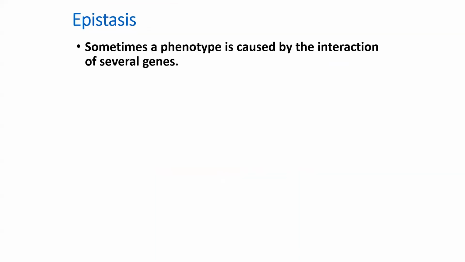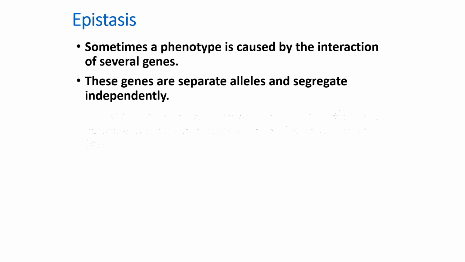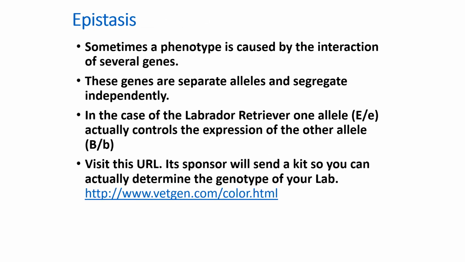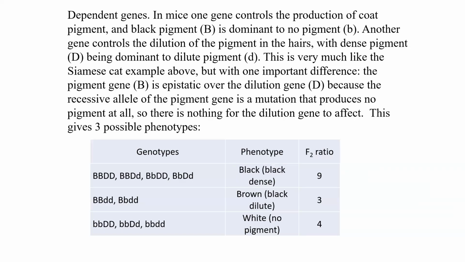So we have epistasis, right? And we look at 3 types. We have dependent gene epistasis, where one gene directly controls the expression of another gene.